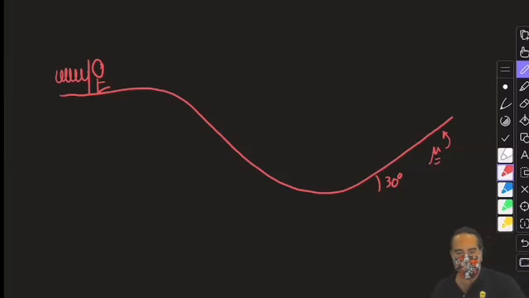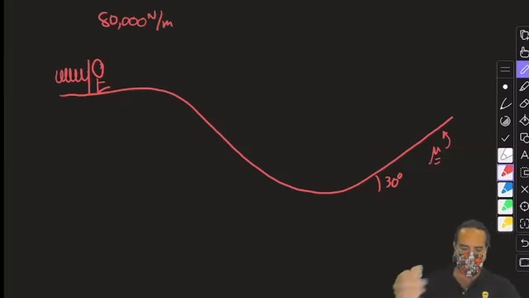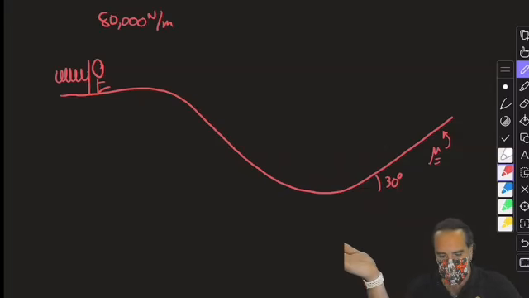A physics student would know that if you pulled back a spring that had 80,000 newtons per meter, a distance of half a meter, then the force you're going to experience the moment you release the spring is 40,000 newtons.